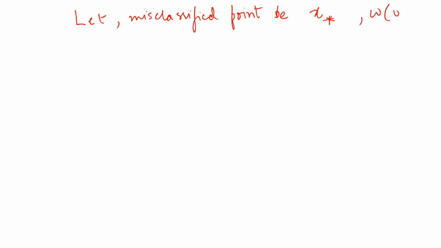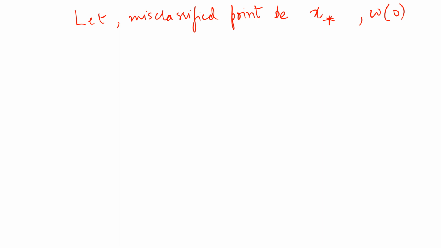Okay, so let the misclassified point be X star. I'm just calling that one point X star, right? And my W is the W0, something that I just picked randomly, right?